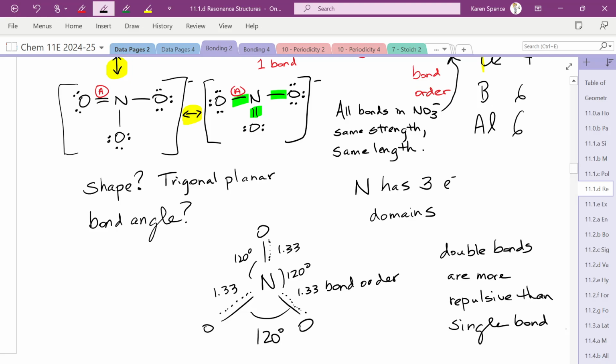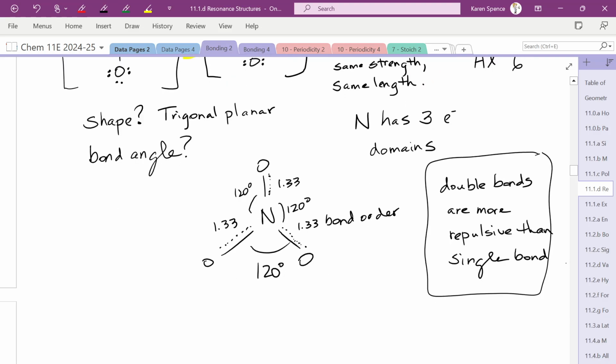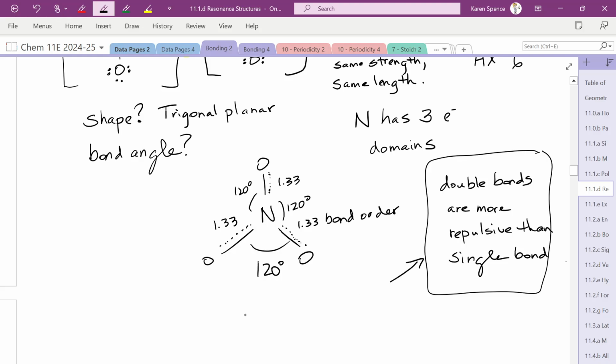Yes? It's exactly 120 because all the bonds actually contain the same amount of electrons. It would only be if we had an actual double bond that's more repulsive, we would get that extra repulsion, right? But we don't have a real double bond.